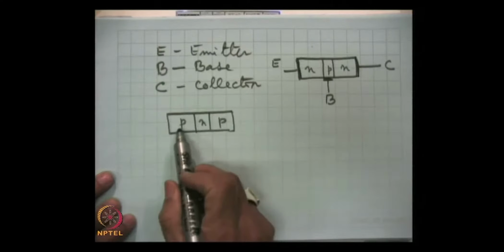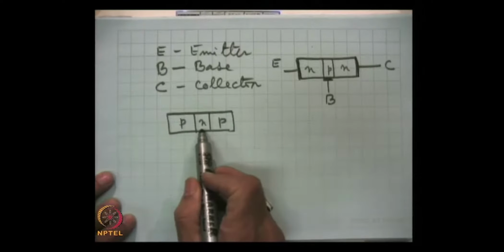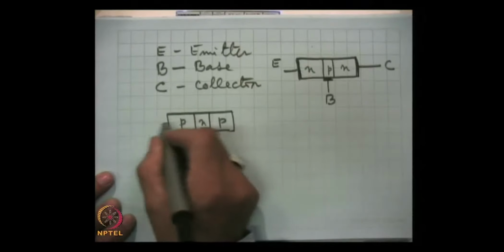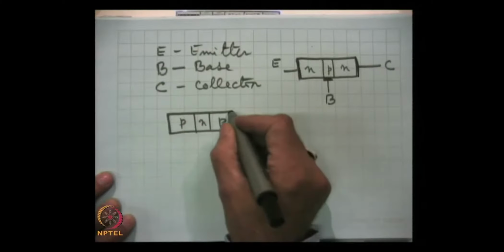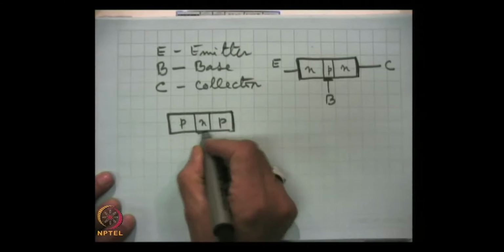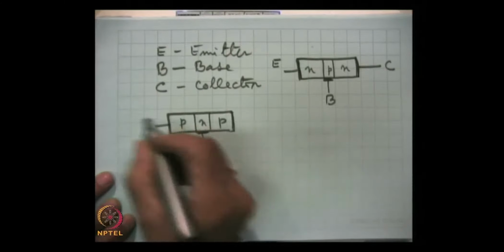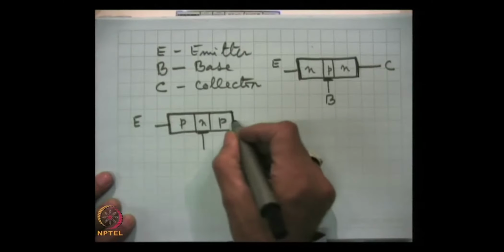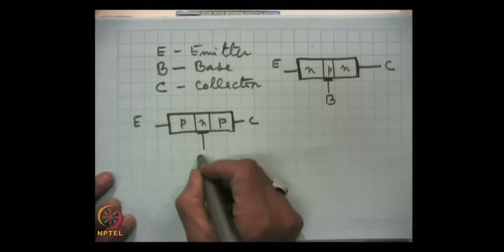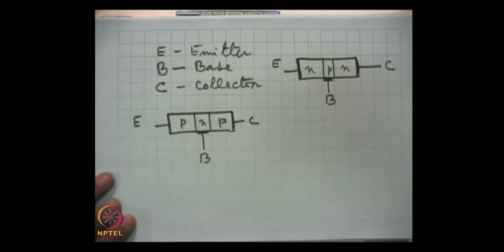PNP, P type emitter, N type base, and P type collector. And again here these are the ohmic contacts. This is emitter, this is collector, and this is base.